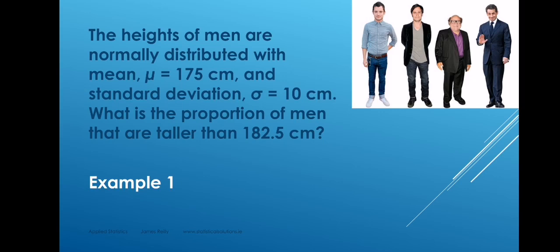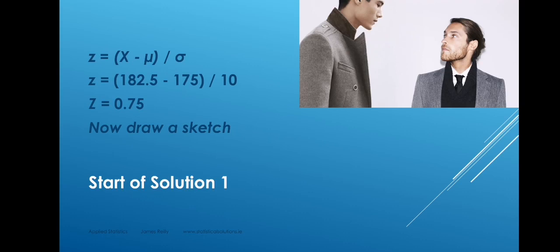Here's our first example. Let's say that the heights of men are normally distributed, with mean mu of 175 centimeters and standard deviation sigma of 10 centimeters. Suppose we want to know what is the proportion of men that are taller than 182.5 centimeters. Then we proceed as follows.